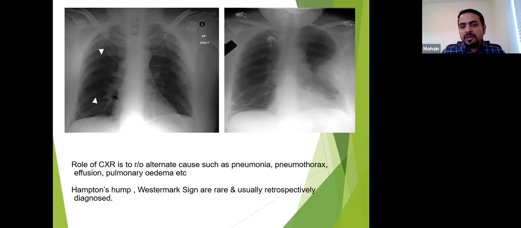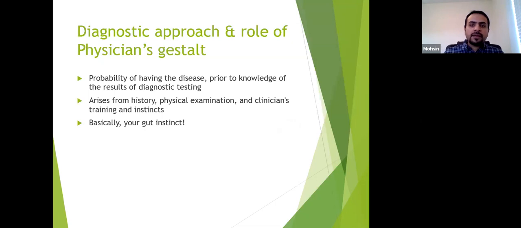On the right picture, you can see a large pulmonary infarct, triangular in shape, and that's called the Hampton's hump. It is very hard to call that out in a normal patient, and as I said, they are mostly retrospective findings.